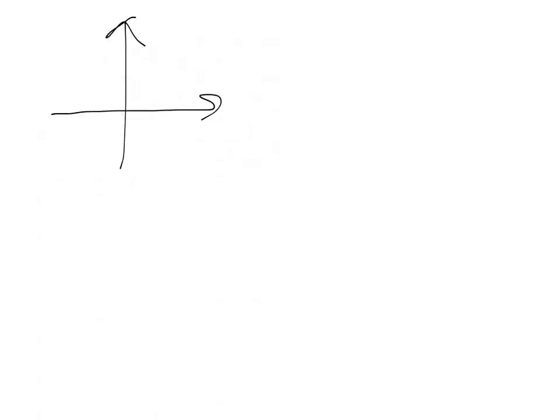In that case, we'd call it a constant function. So we have a constant function there, not increasing or decreasing. In this case, that's because the slope is 0.